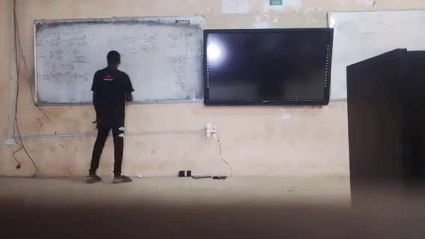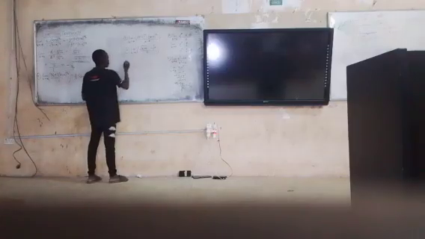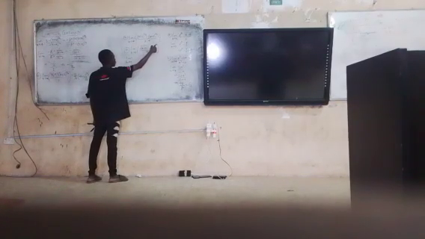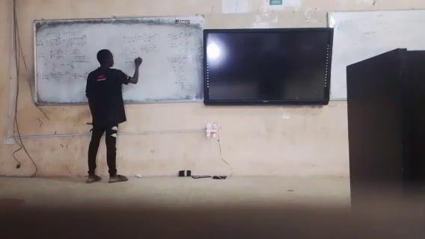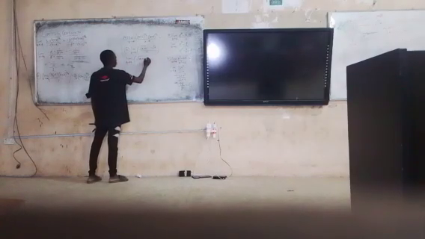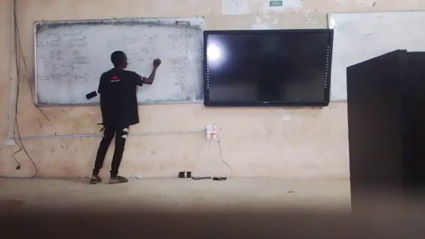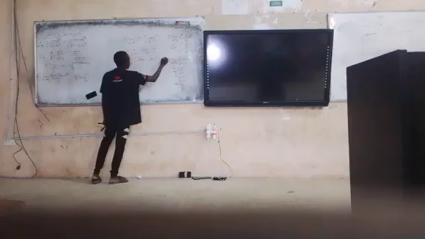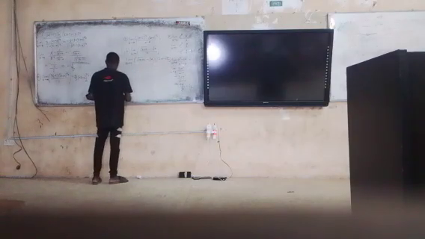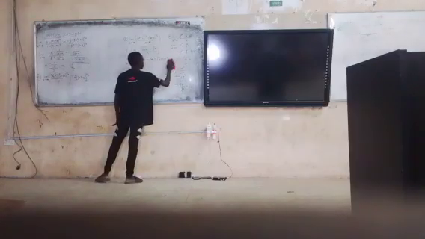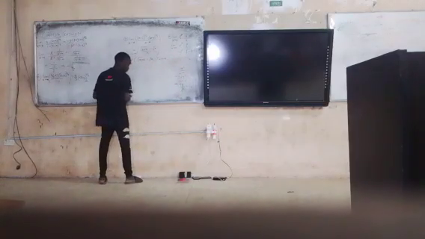Square root of x plus h minus square root of x, over h, times square root of x plus h plus square root of x, over square root of x plus h plus square root of x.